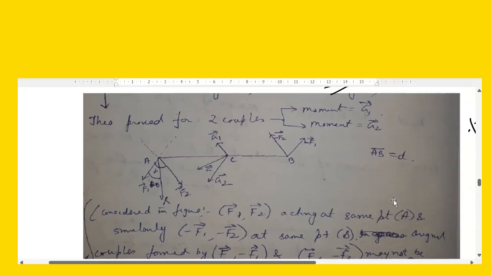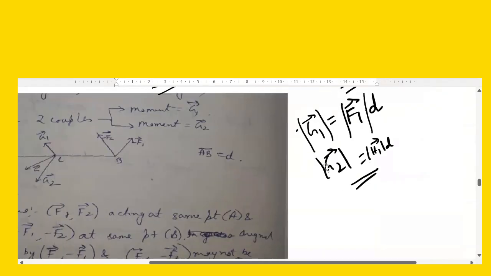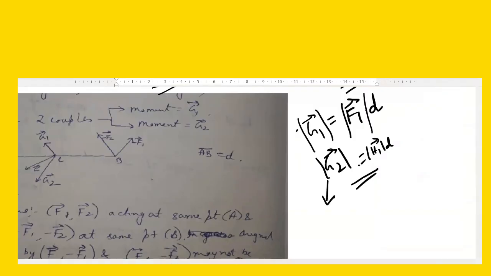And as I said, I can replace the second couple G2 by a suitable couple, F2 and minus F2. Let me call this distance D dash, which is easier to handle.